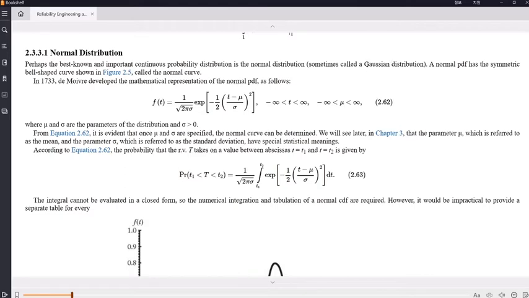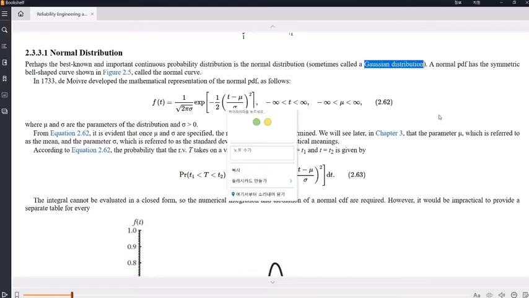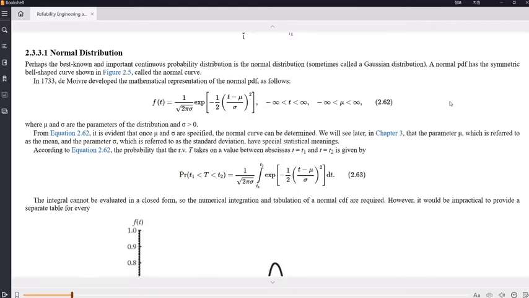It is also called Gaussian distribution. And this is the form of normal distribution. And also you have seen the tabulated values. The probability is usually given in this form, and you have seen the table providing the integrated value.